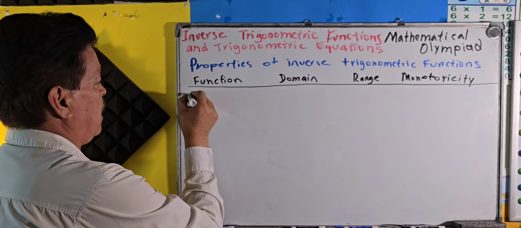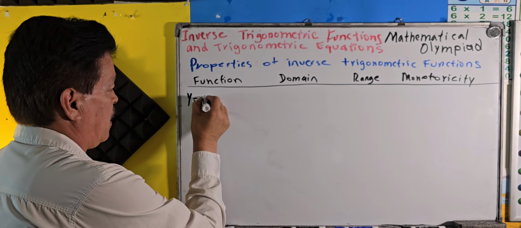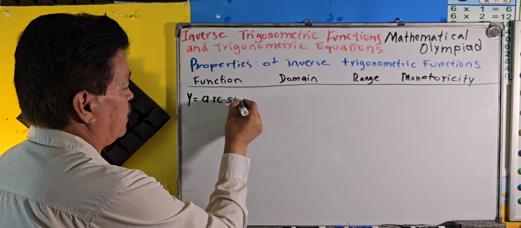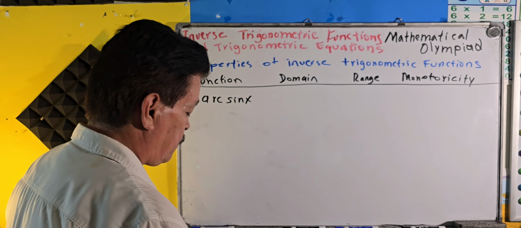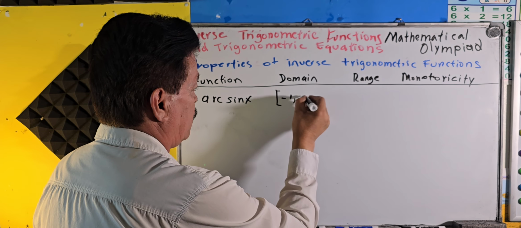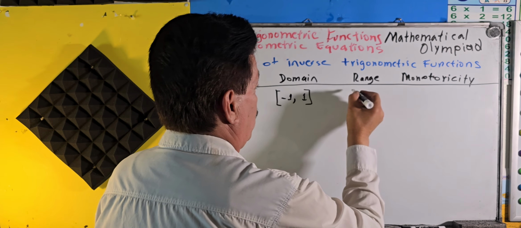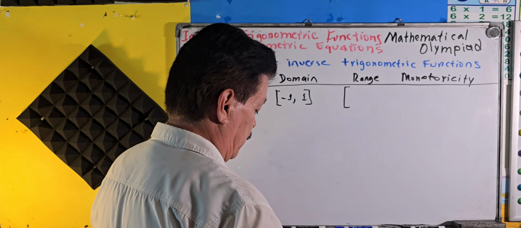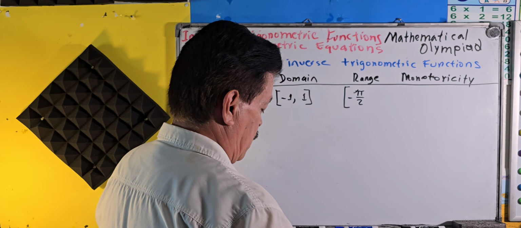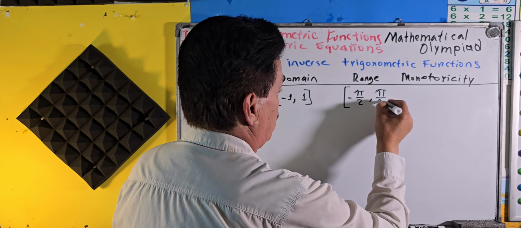The first one, for instance, y equals arcsine x. The domain is [-1, 1]. The range is negative pi divided by 2 to positive pi divided by 2.